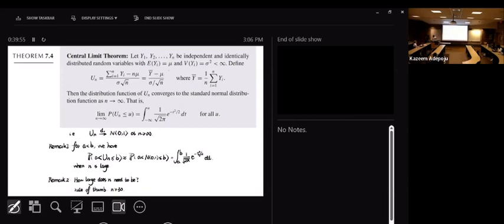Now, if you take a look at this, what are we defining here? That's a standard normal variable, right? From where? That is actually going to come from the sample mean. And we believe that the distribution of Un, which is our Z now, converges to the standard normal distribution as n tends to infinity.